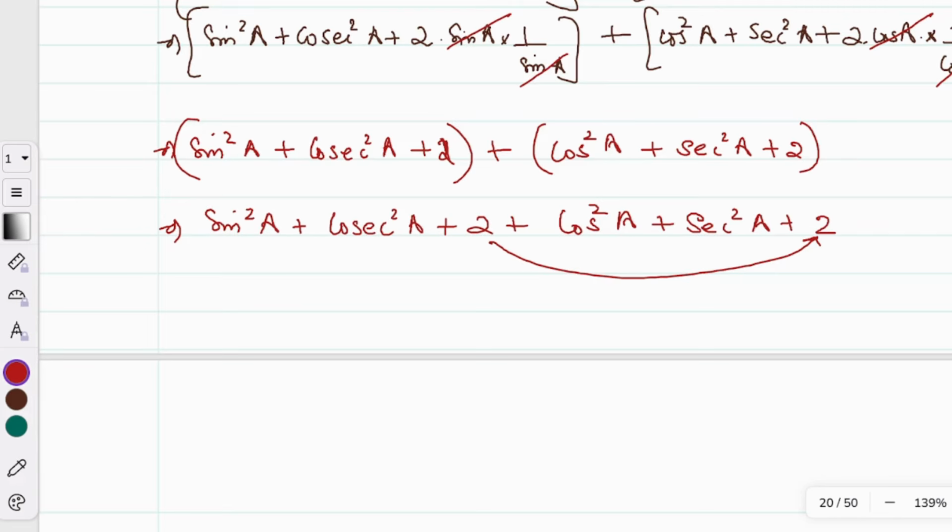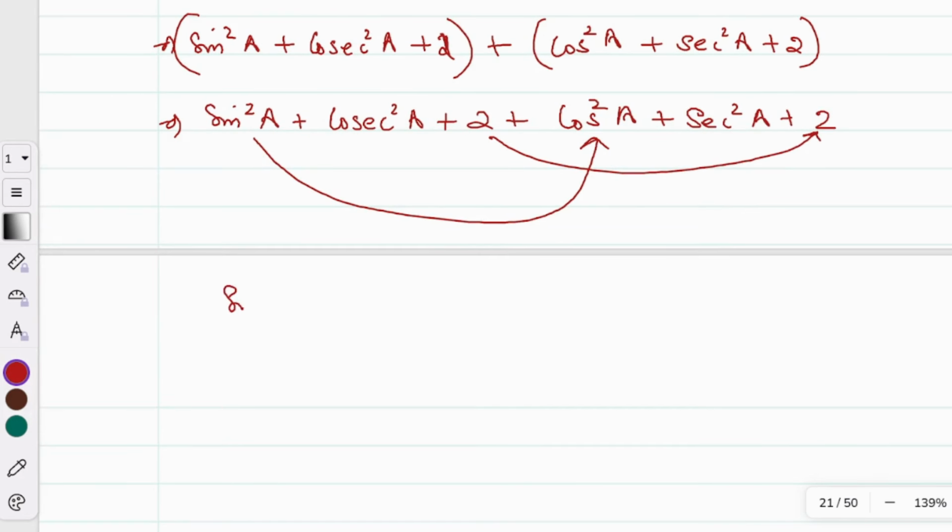Then I can write sin square A plus cos square A, I can arrange them together. So here I will write sin square A plus cos square A plus cosec square A plus sec square A plus 4. In this way I can rearrange this equation, right?